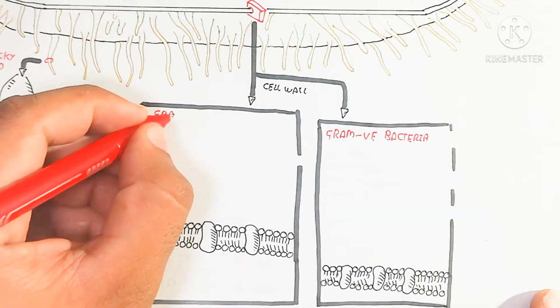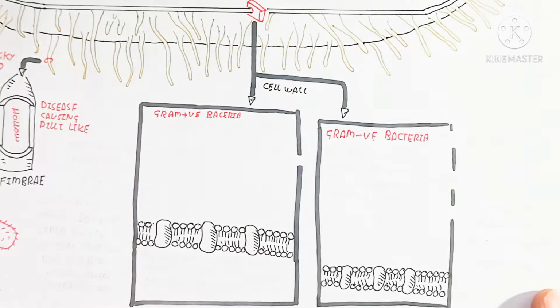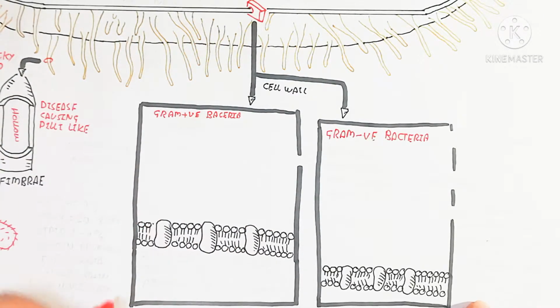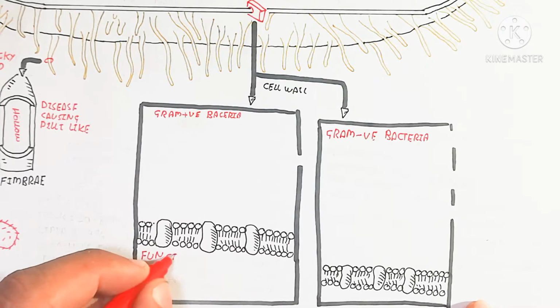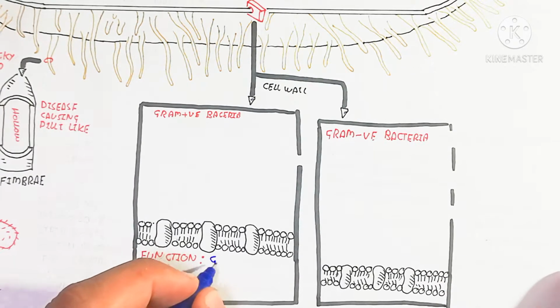So let's talk about the cell wall composition of gram-negative and gram-positive bacteria. Here is the gram-positive and that is the gram-negative bacteria. The gram-positive contains a peptidoglycan, murein, which is thick as compared to the gram-negative.